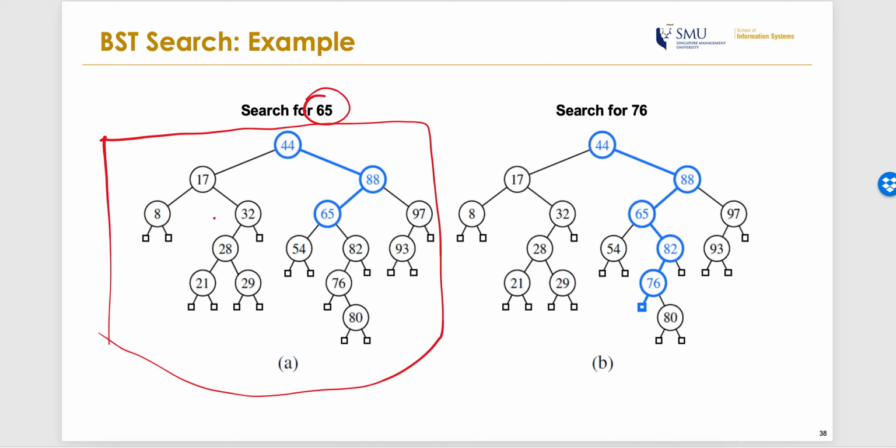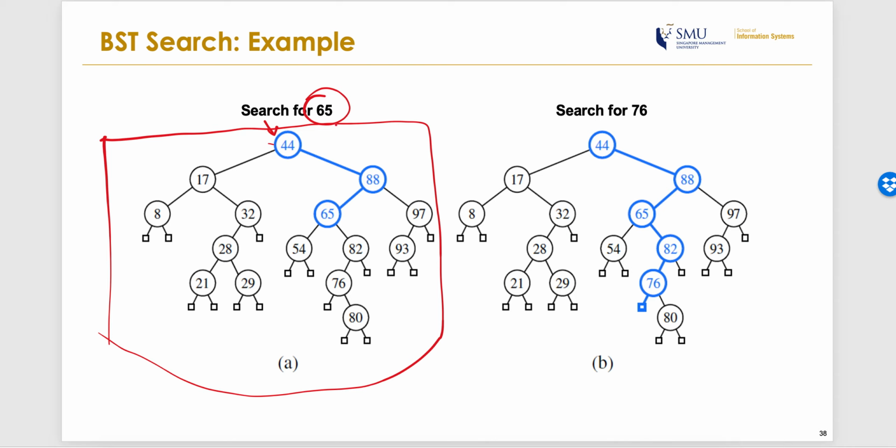Now, but if we are running on a binary search tree, we can make use of the property that at any particular node, we know for a fact that all the numbers to the left, well, it doesn't have to be numbers, but all the elements to the left are going to be smaller, and all the elements to the right are going to be larger, which means that we can decide whether to go to the left or to the right. We don't have to cover both branches of the tree.